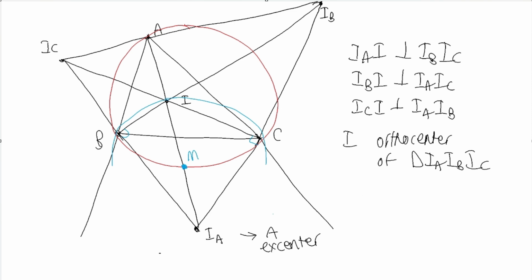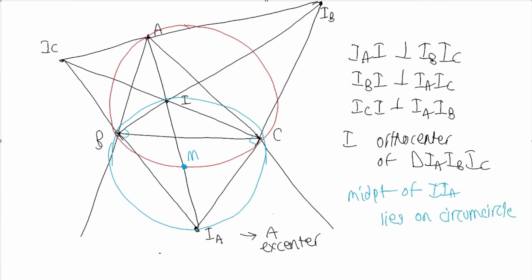And now we see why it's called the incenter-excenter lemma, because in reality, this circumcircle here also contains the excenter. And a more concise way to state the incenter-excenter lemma is that the midpoint of IA lies on the circumcircle. And this follows by the 9-point circle.